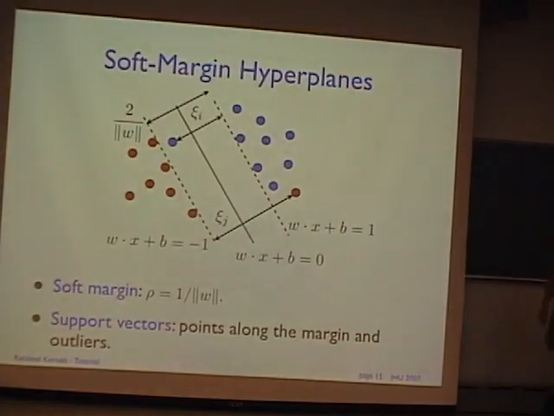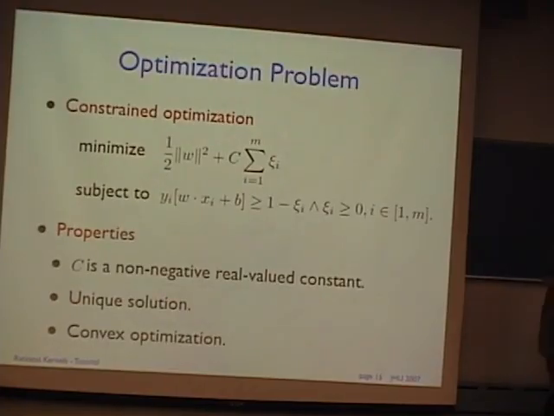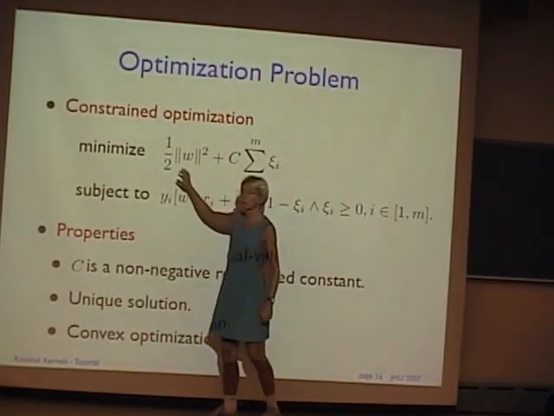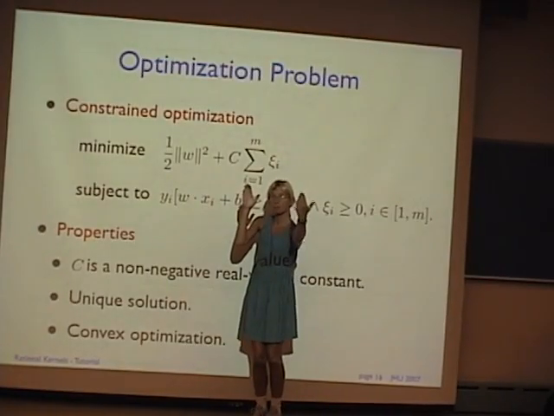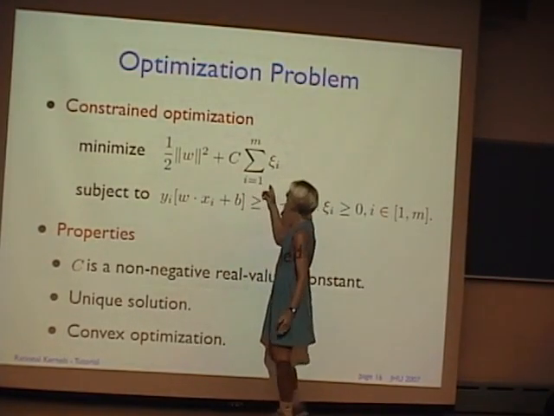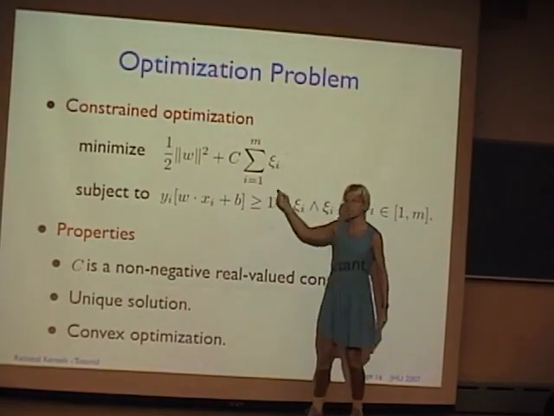Well, of course, we don't want too many of these slack variables floating around. We don't want too many errors on our training set. So we arrive at the following optimization problem. We want to, again, minimize the norm of the vector, that is keeping the biggest possible separation between the two sets of points. And then we also want to minimize these slack variables.